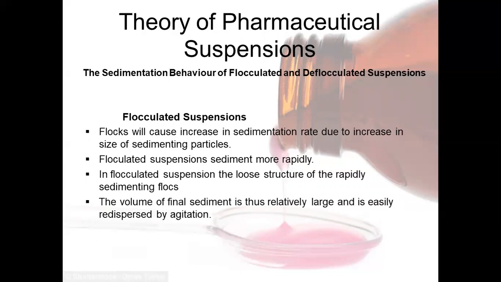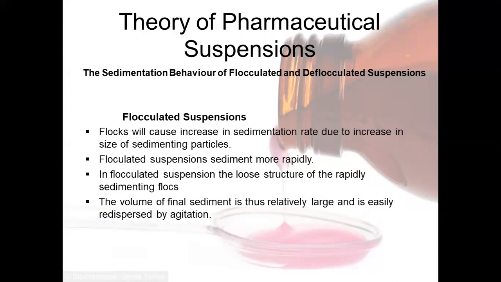In general, depending on the nature and behavior of solids, suspensions are classified as flocculated and deflocculated suspensions. It is essential for us to identify a particular type of suspension from its appearance. The distinguishing characteristics of these systems: now we are discussing deflocculated suspensions and flocculated suspensions.